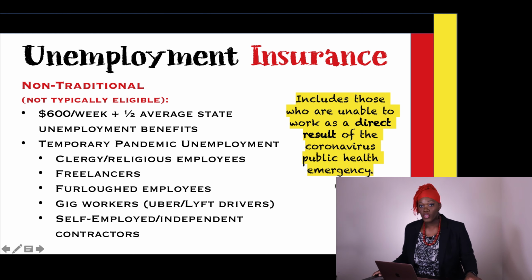But if you are a clergy, a religious employee, a freelancer, a furloughed employee, a gig worker like an Uber driver or a Lyft driver, self-employed, an independent contractor, if you own your own business, you work for yourself, you have no other employees, it's just you, then more than likely you're eligible to apply for this temporary pandemic unemployment.